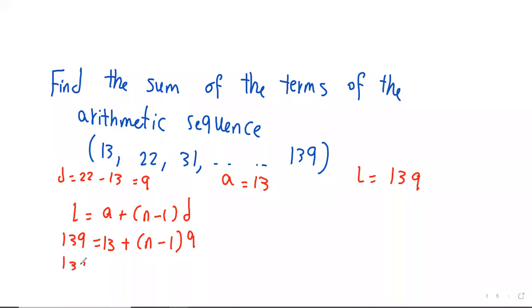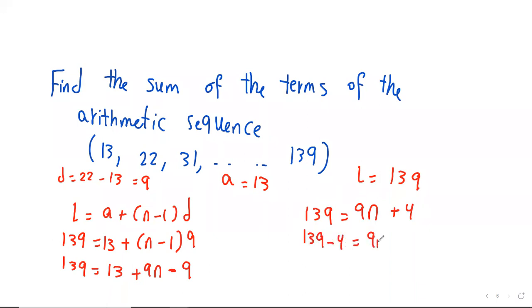So 139 equals 13 plus 9n minus 9, since 9 times n is 9n and 9 times negative 1 is negative 9. So 139 equals 9n plus 4, since 13 minus 9 equals 4. Move 4 to the other side: 139 minus 4 equals 9n.